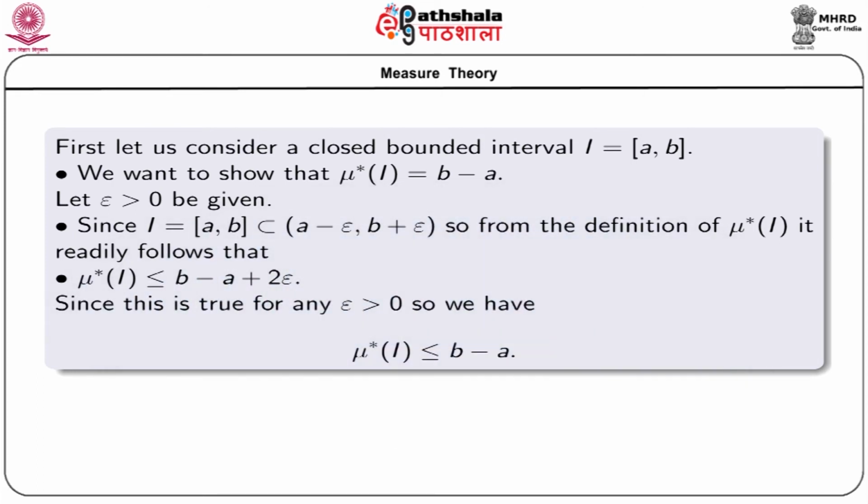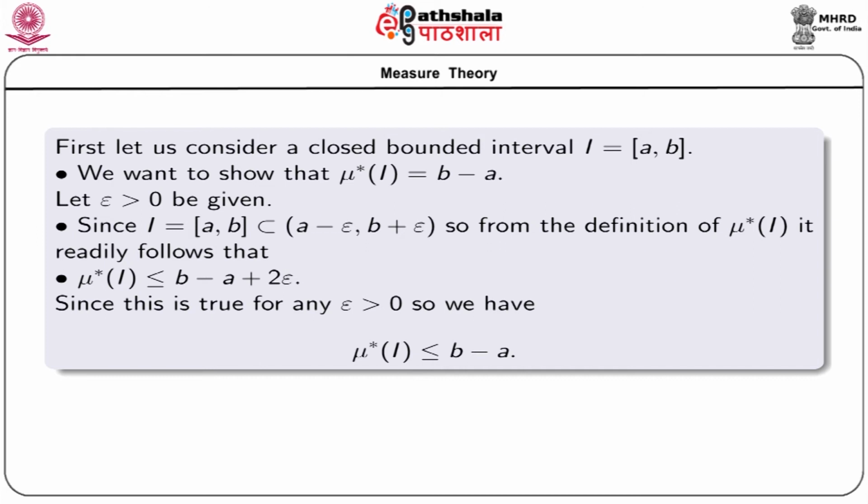But this is true for any epsilon greater than 0. So, we must have mu star of I less or equal to b minus a. So, we have one part of the equality.